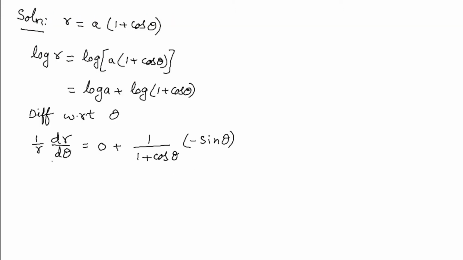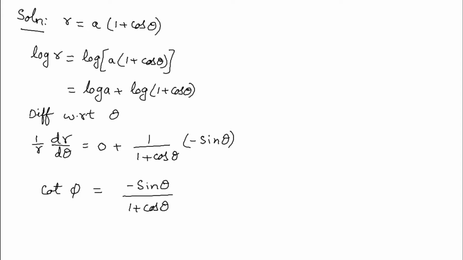This 1 by r dr by d theta can be written as cot of phi. So we know this formula, cot phi equals 1 by r dr by d theta. So this will be equals to minus sine of theta divided by 1 plus cos of theta.